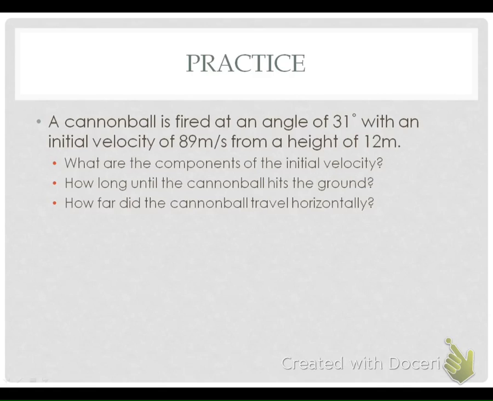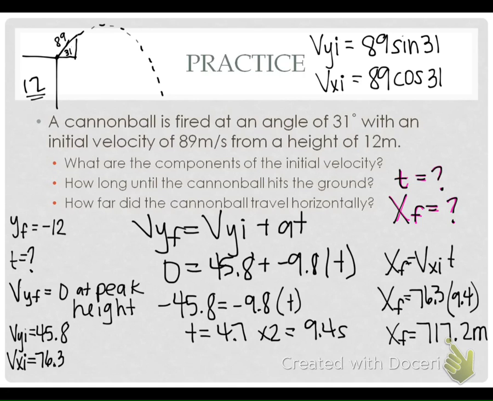Do the next one on your own. We want to find out how long until the cannonball hits the ground, so total time, and how far did it travel horizontally. So we're solving here for time, and we're solving for x sub f. Okay, so we walked through this equation here.